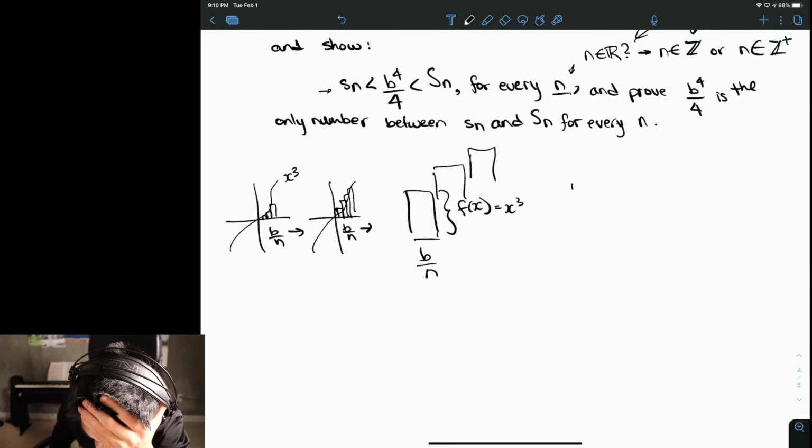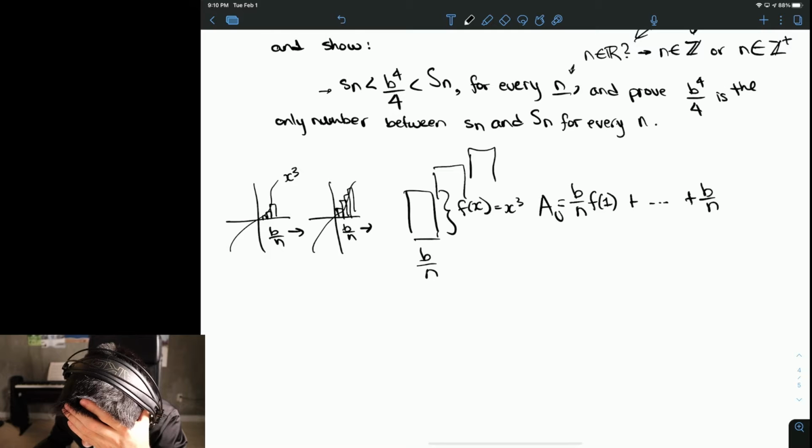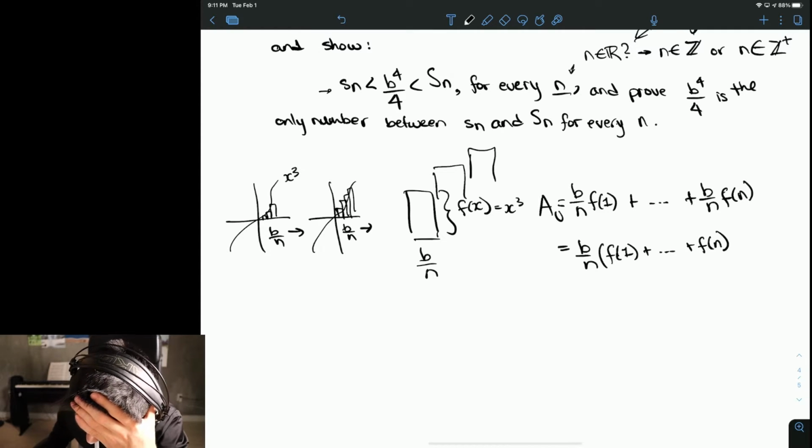And rather than writing the area of the upper bound as b over n by f of 1 plus some stuff plus b over n by f of n, we can simplify this and factor it to b over n multiplied by f of 1 plus the other f terms plus f of n.